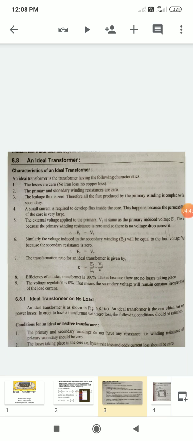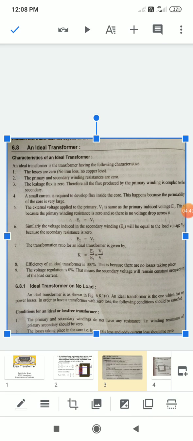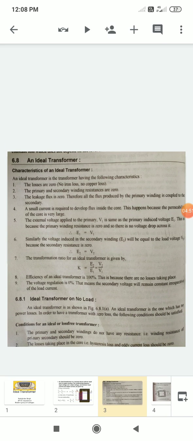That's why we make the assumption that in the wire we use in the primary and secondary windings, resistance is zero, but in practical life this is not possible. So this is an assumption. Secondly, leakage flux is zero. This is another characteristic of an ideal transformer that we assume.